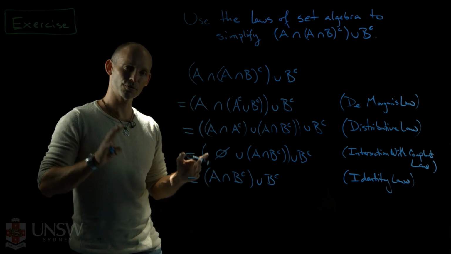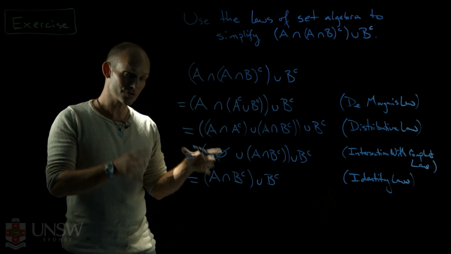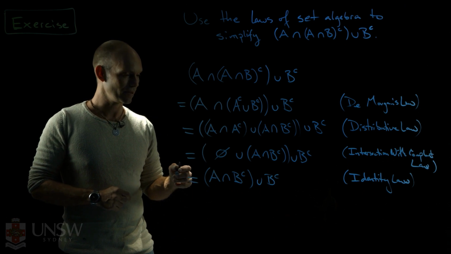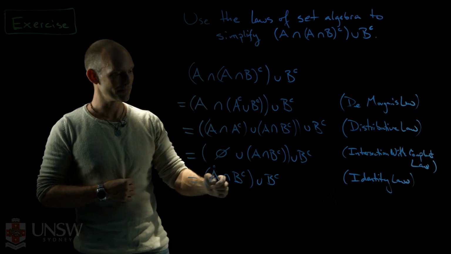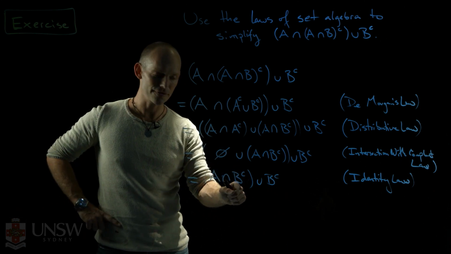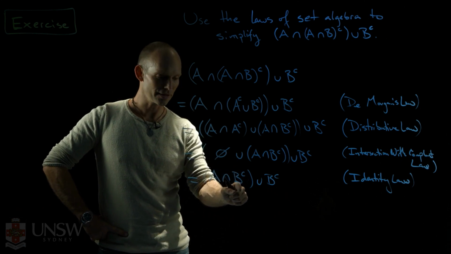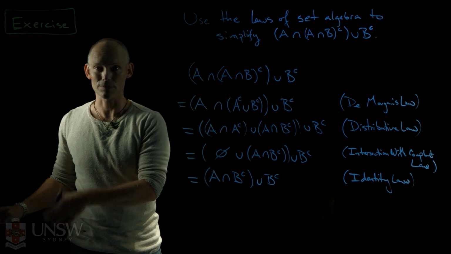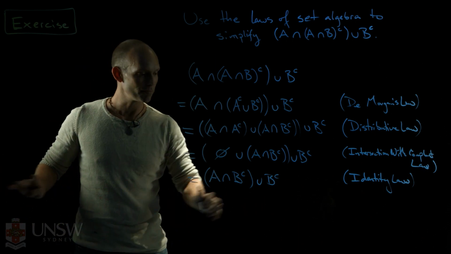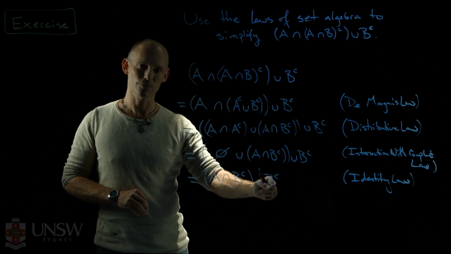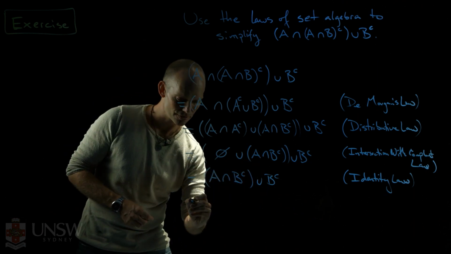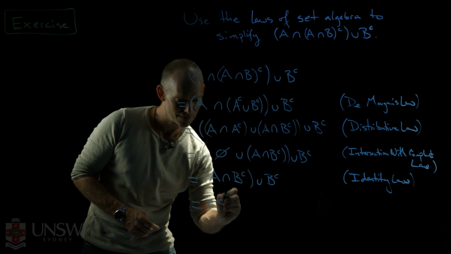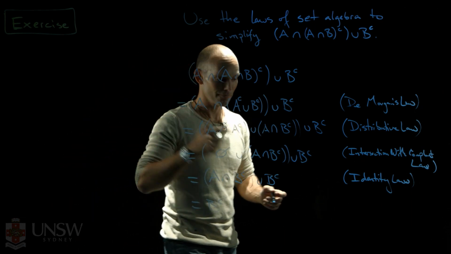So that's probably the absorption law that we can use there. And if you quickly think, does that make sense? Then you could say, okay, I start with the B complement there. I restrict it down to A, so I'm cutting some of B complement away, but then I'm adding it again with that union, so I'm back to B complement.